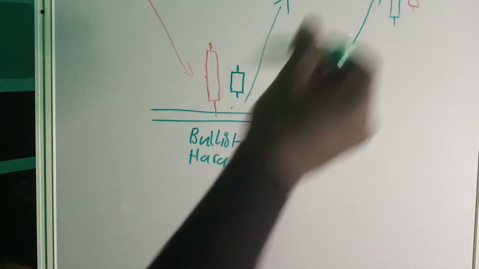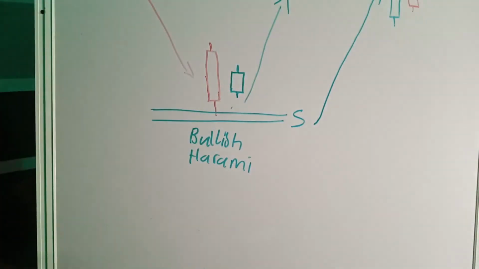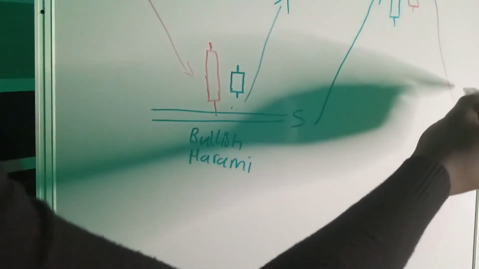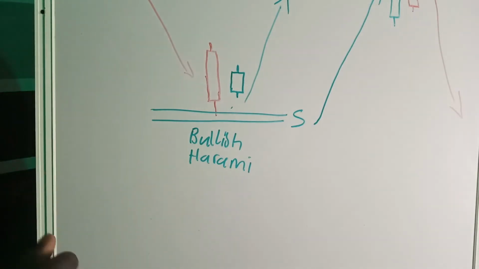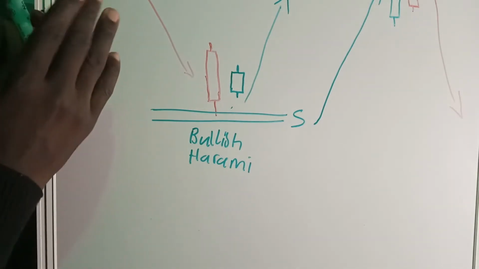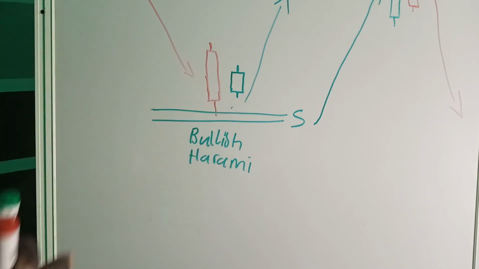If this should form at a resistance, it's most likely telling you that price will go back down. Now take note, bullish and bearish harami, the second candlestick fits completely inside the previous candlestick.